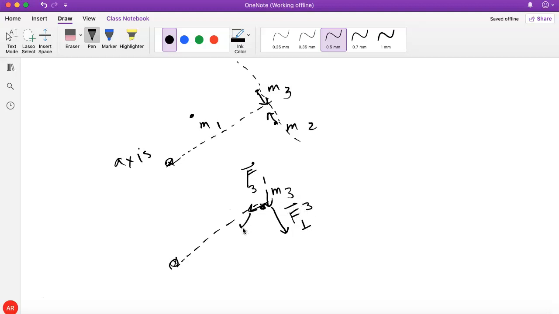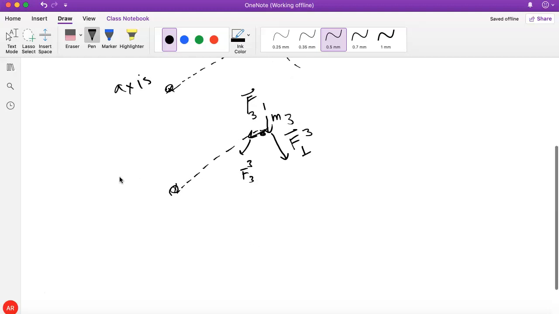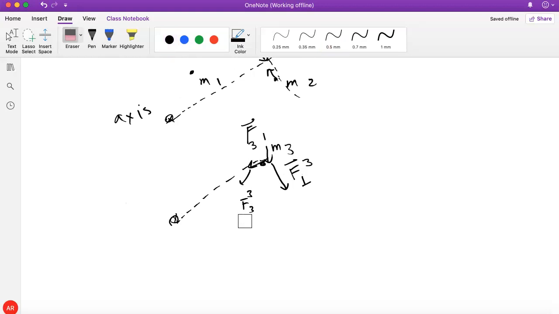And let's call this one F3 parallel. So the one that's parallel doesn't give me any torque. The one that's perpendicular will give me a torque equal to, let's call this distance R3, times F perpendicular 3.